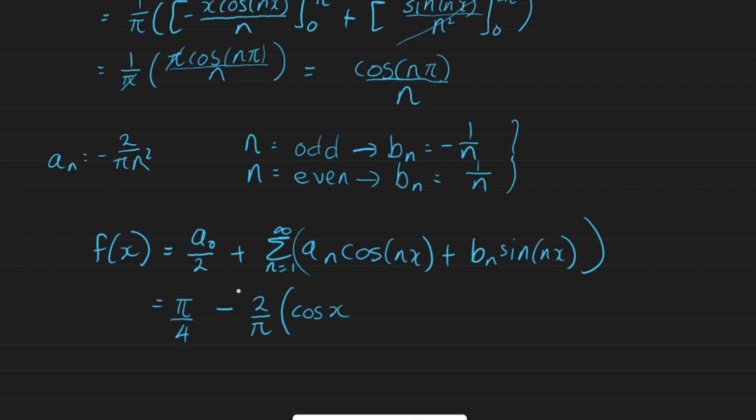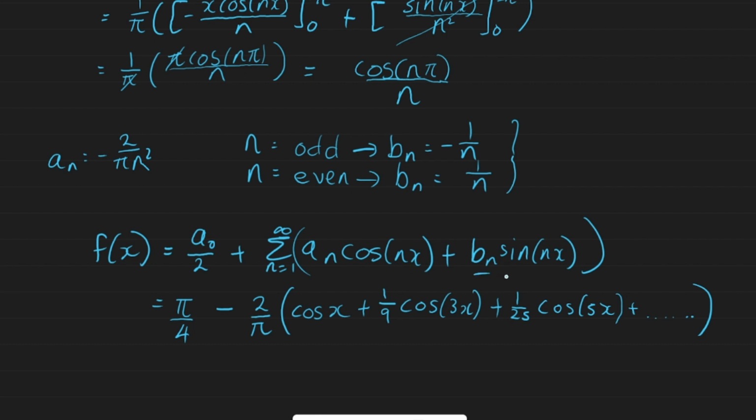So the 2 over pi, we took it out as a common factor in front. Now we have 1 over n squared. So cos of x, if n is equal to 1, is just there. Then we have 3. Remember, we don't have any even numbers, so we'll ignore that. So we'll have 1 over 9, then cos 3x. Then we have 5. So we have 1 over 25, cos 5x. And so on.